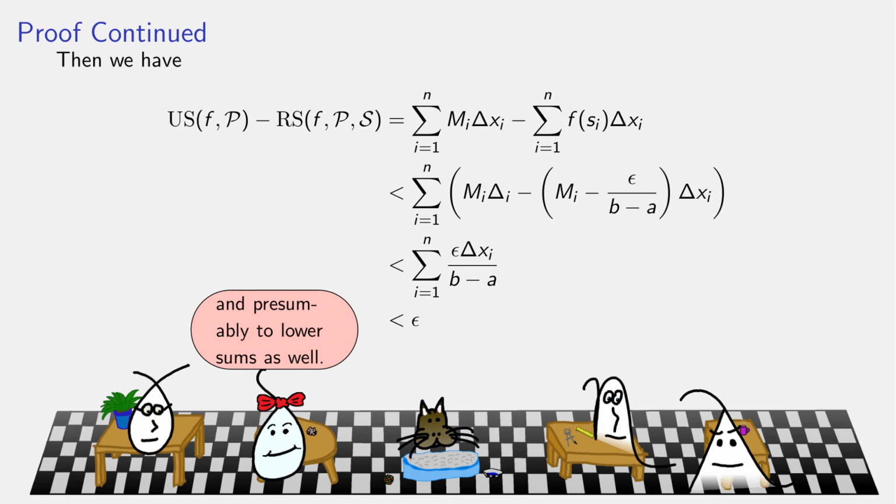And if you just repeat this argument using infimums, you can choose sample points so that the value of the function is exceptionally close to the infimum of the value of the function on each piece of the partition. And that will give you that your Riemann sum is really close to your lower sum for a different choice of sample points. Presumably you have to choose different sample points to get close to the sup versus close to the inf, but it's possible to do either way.